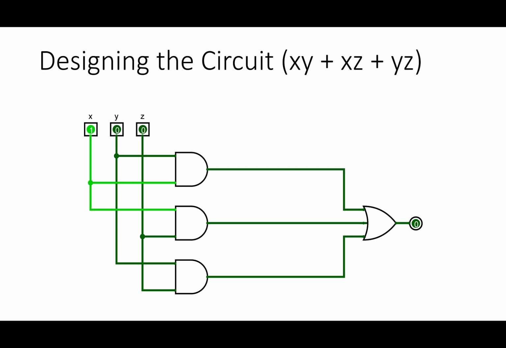We don't even know the function's definition necessarily right off the bat, but we figure out what we want the outputs to be based on the criteria given to us by whoever wants us to build this thing. Then we create the function by coming up with the sum of the products. Then we reduce it. Now we've only been reducing algebraically. The next tool we're going to learn is what's called a Karnaugh Map, which helps us reduce it visually instead of algebraically. So let's take a peek at those.